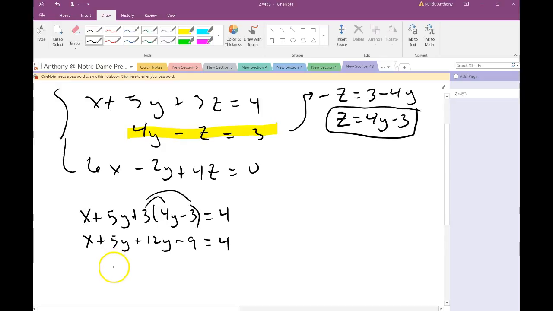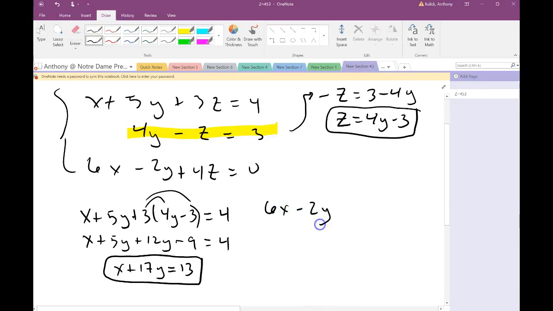And then I have 5y plus 12y is 17y. And I add the 9 over, and I get 13. Wait. I got you. That's the mistake already? Oh, good. See, it was arithmetic. I knew it was going to be something stupid.